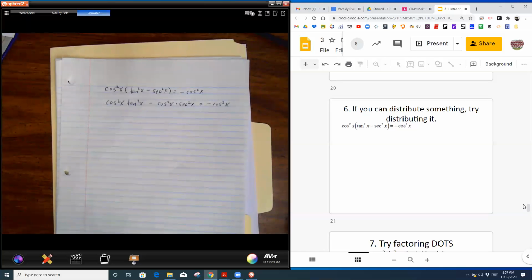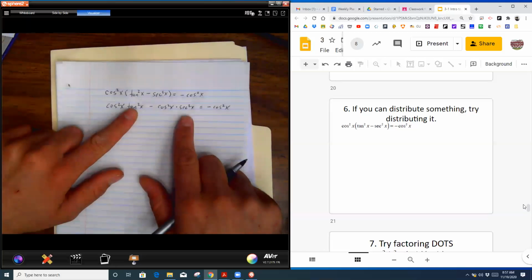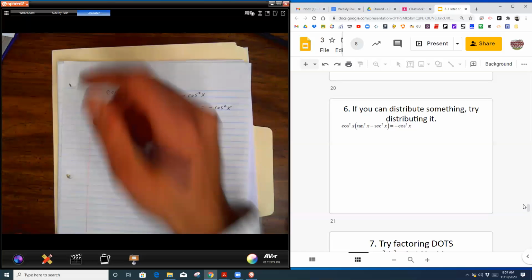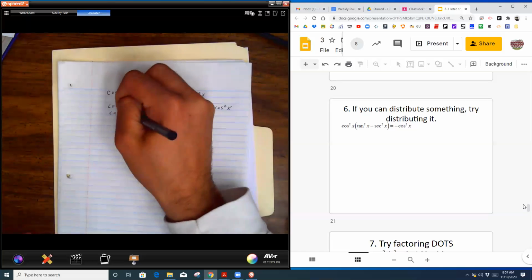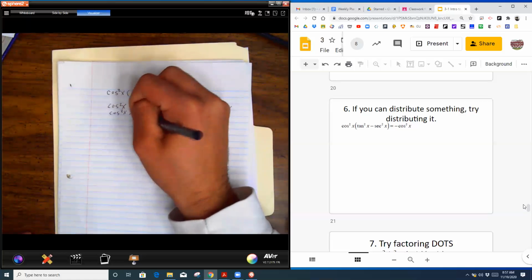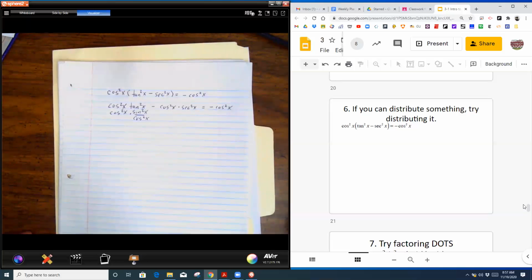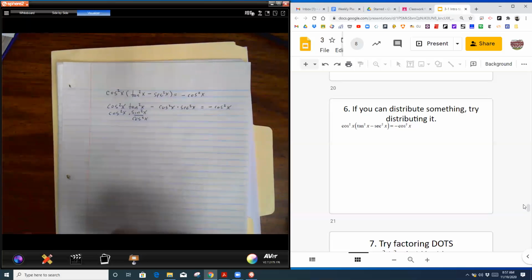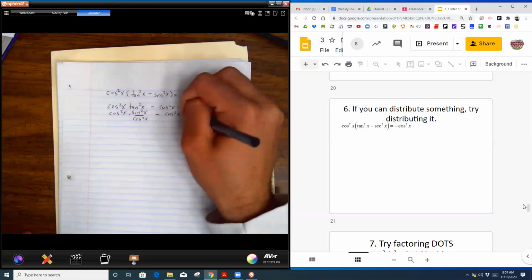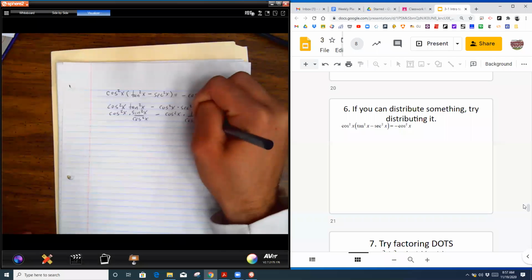All right, now I'm going to put tangent and secant in terms of sines and cosines to see if it simplifies to something else. So I get cosine squared times sine squared over cosine squared. That's what tangent squared is. And then minus cosine squared times 1 over cosine squared.